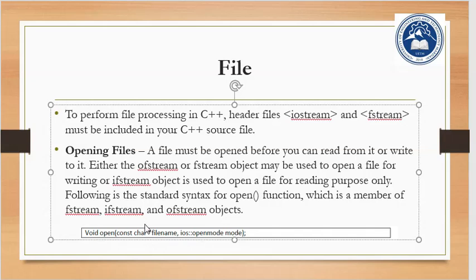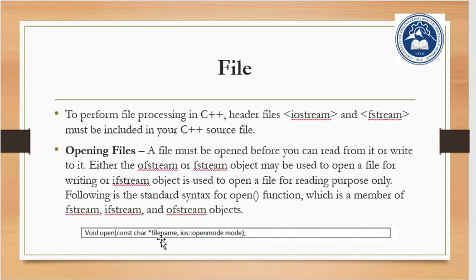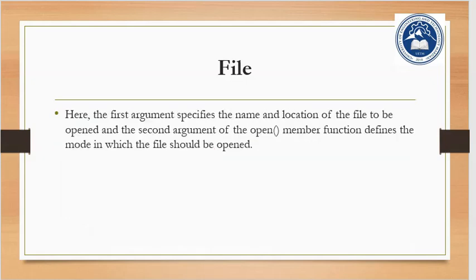In the previous slides it was said that you have to mention it as a pointer and character, and this is the ios open mode. Here the first argument specifies the name and the location of the file to be opened.